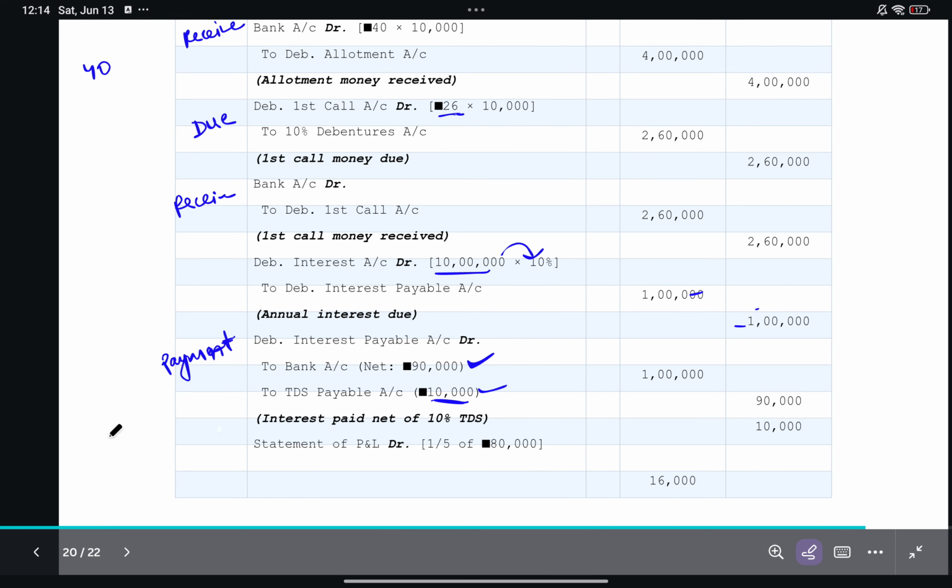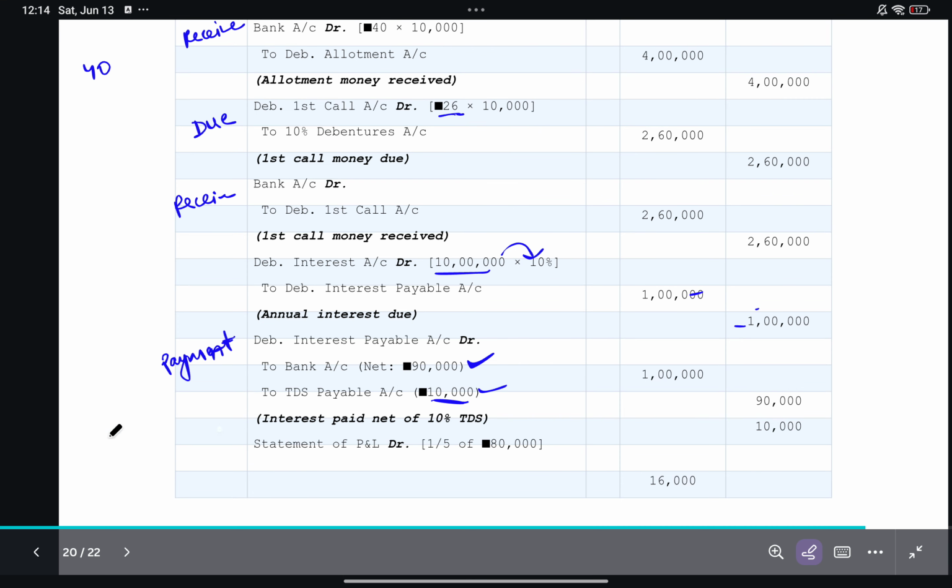It should be written off, and it's only a 1/5 part, so 1/5 is 16,000, and we are writing off the 16,000 to loss on issue. Got it?